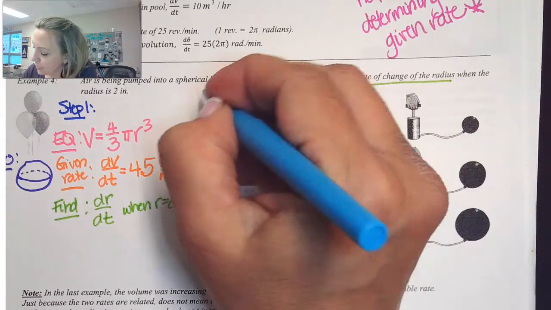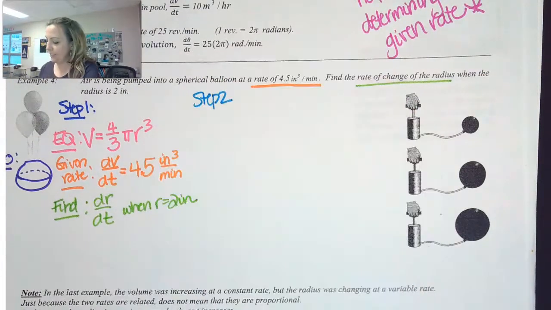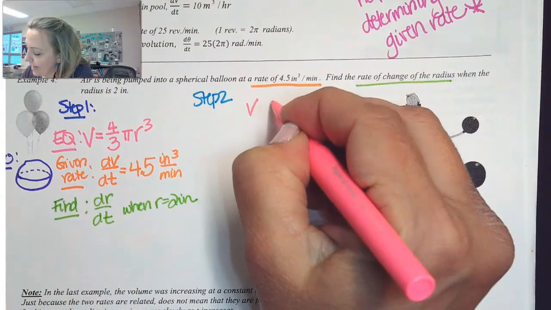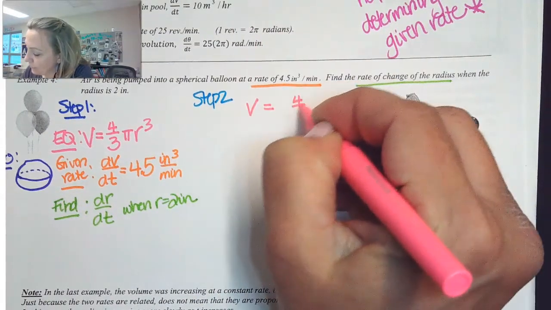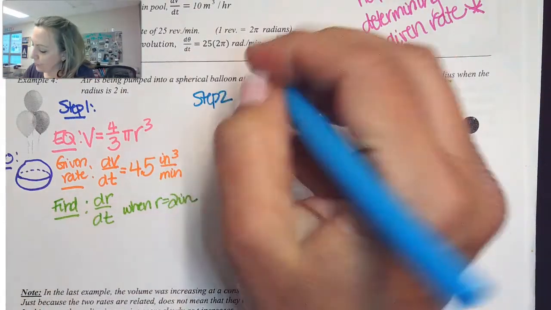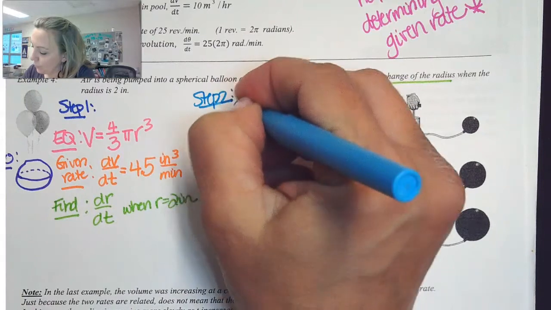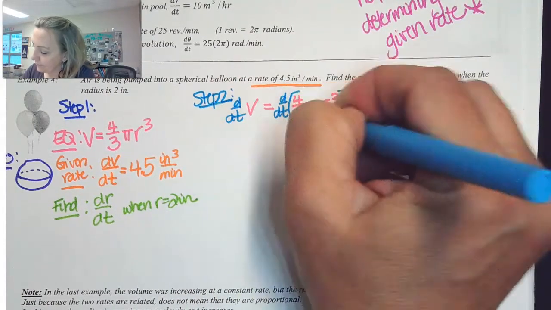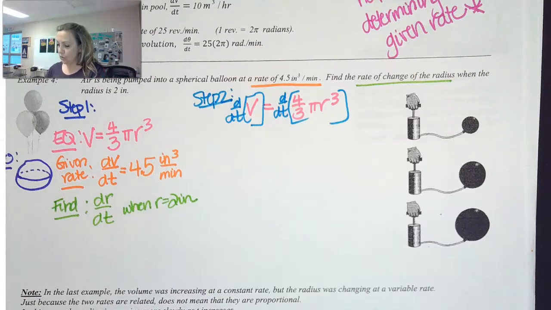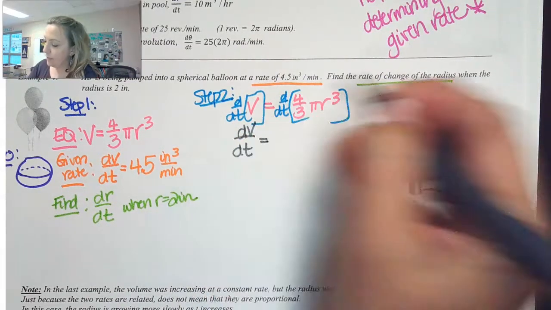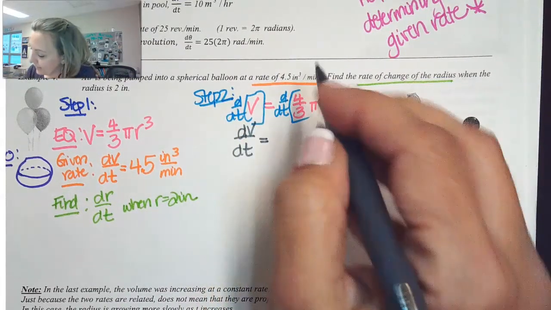So now step 2 is that we are going to differentiate with respect to t. We had that the volume is 4/3 pi r cubed. And so we're going to differentiate with respect to t. That means that here I've got dV/dt. Remember, 4/3 pi is a constant.